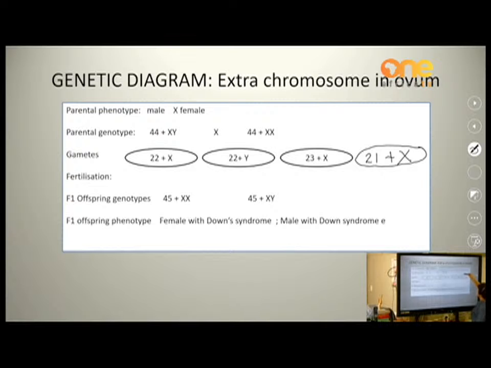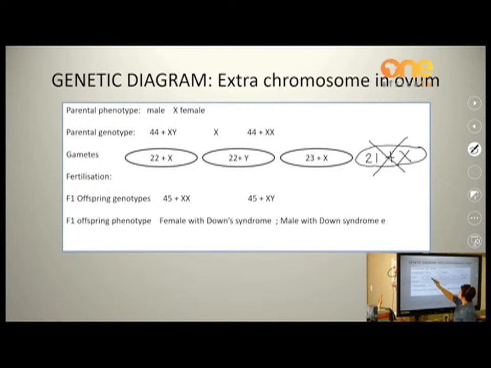But that one is not viable. So we ignore that one. That's not enough to have fertilization even taking place, or rarely take place.